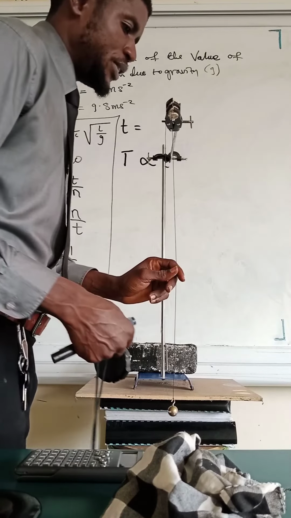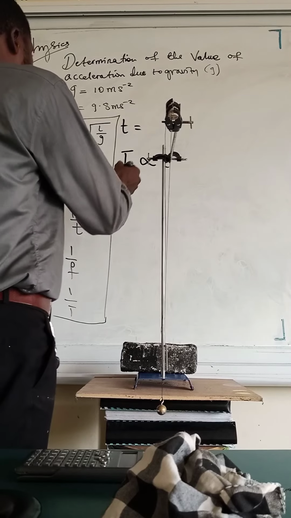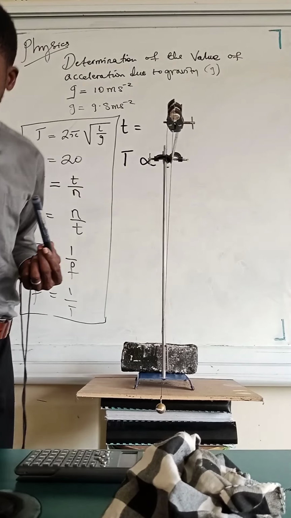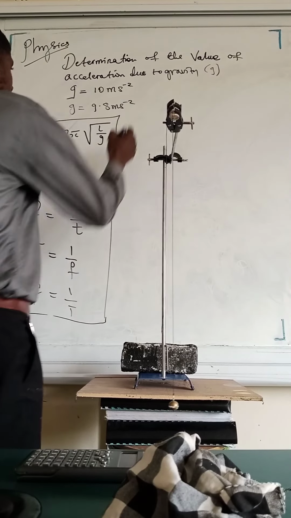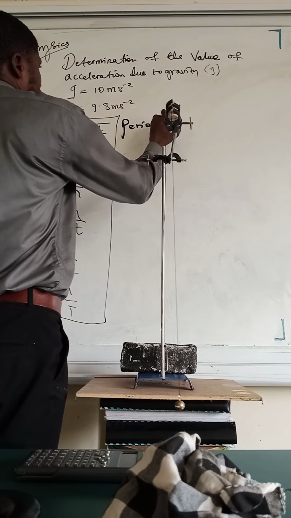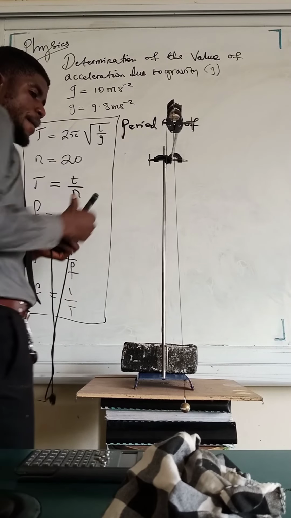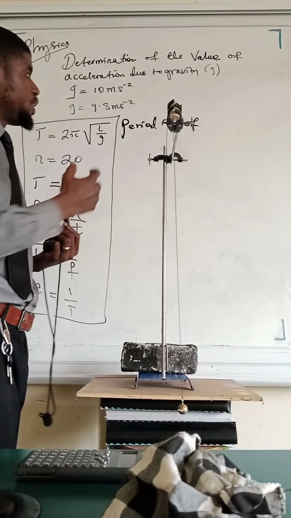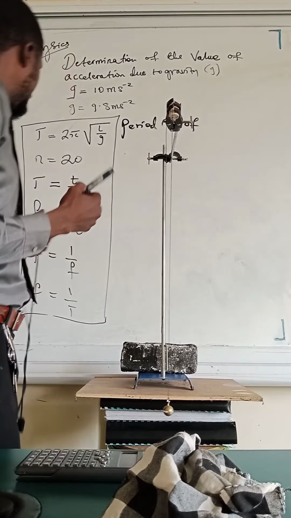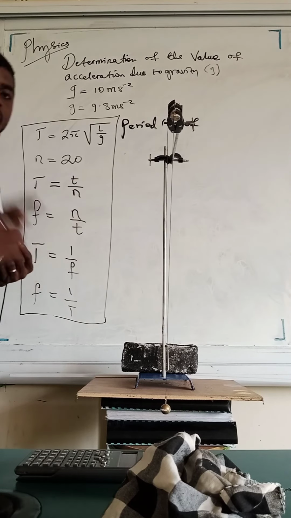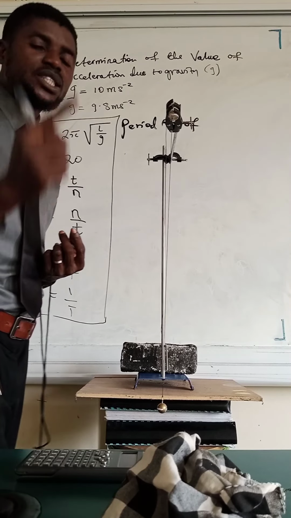Now, before we run this experiment, I want us to define some terms. Period T of oscillation. What do you mean by the period of oscillation? The period T of a body performing simple harmonic motion is defined as the time taken to make one complete oscillation.